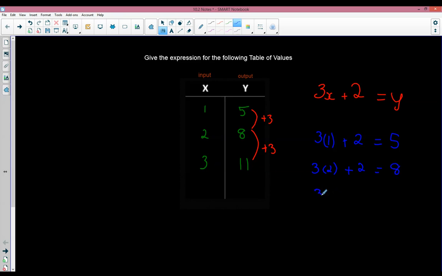We'll try it again for input for the value of 3. 3 multiplied by 3, add 2 is equal to 11. So because this expression worked for 3 of our inputs, we know that this is the correct expression.